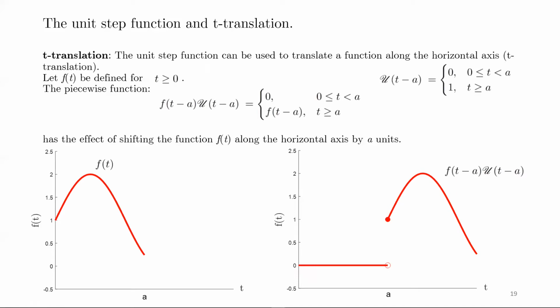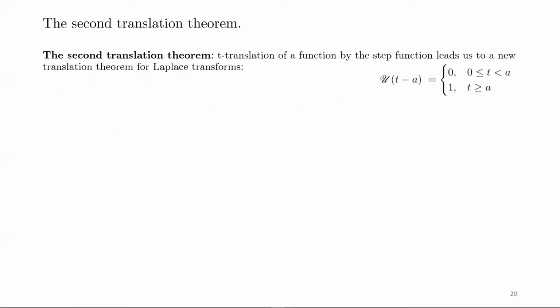Okay, so this leads us to the second translation theorem, which is a t-translation of a function by the unit step function. The first Laplace translation theorem, which we learned earlier in this unit, says that if we have a function f of t and we multiply it by the exponential of a times t, and take the Laplace transform of that product, then we get f of s minus a.